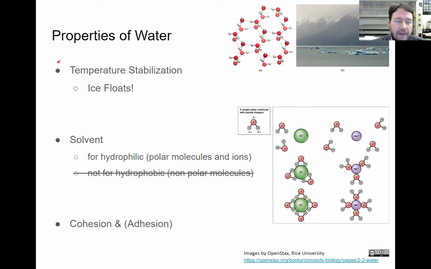The other mechanism for temperature stabilization is ice crystals. Ice is actually a little bit less dense than water when it's very cold. And this is because those hydrogen bonds are holding the molecules kind of at arm's length.